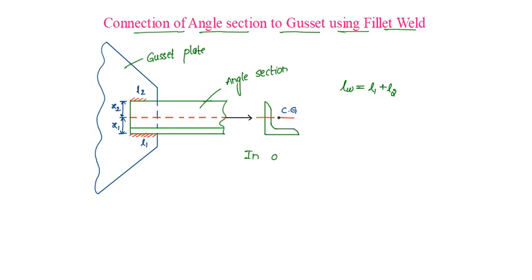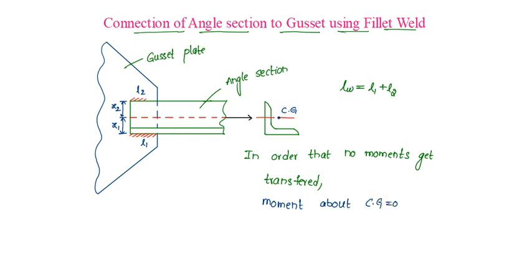In order that no moments get transferred, the moment about CG should be 0.